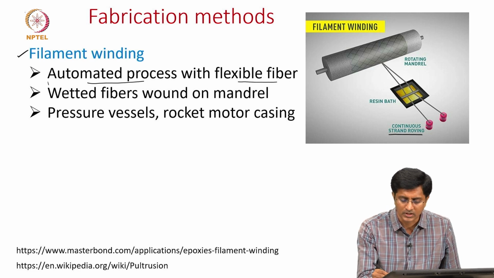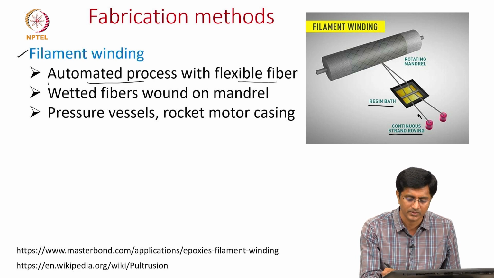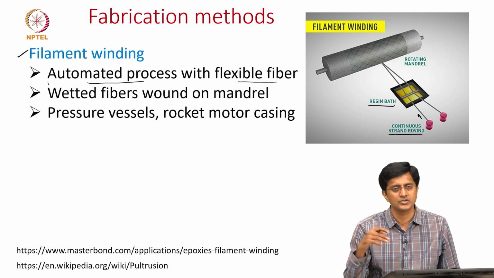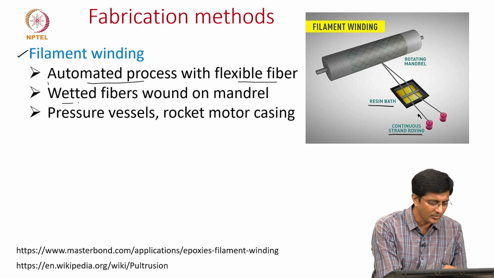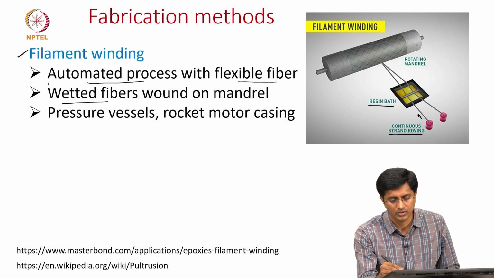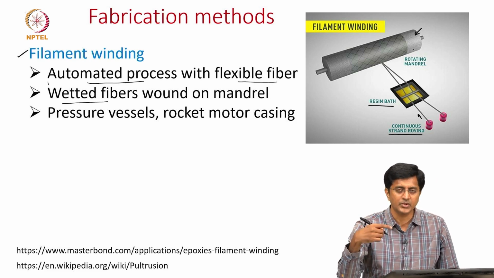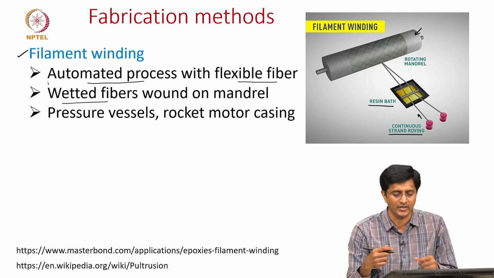These fibers are then passed through a resin bath. When they pass through the resin bath, these fibers are now wet. These wetted fibers are wound on a rotating mandrel. So, this is the mandrel we are looking at. If this is rotating, basically it is trying to pull the fibers onto the mandrel.